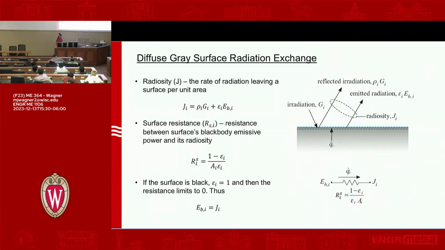Once we have that, we can characterize problems in terms of these surface resistances. So a surface resistance is this additional impedance to heat flow related to emissivity, a non-black emissivity. And then if the surface is black and emissivity is 1, then the radiosity is the same thing as the black body emissive power.